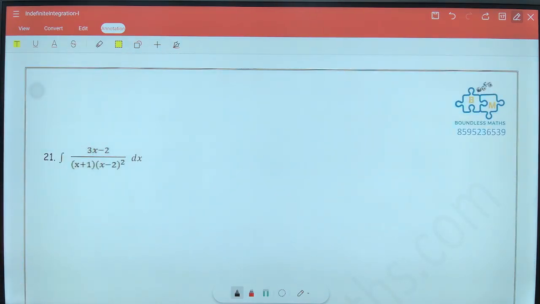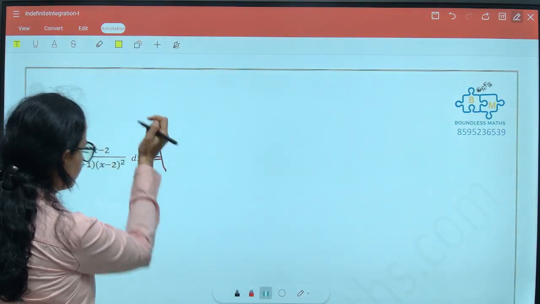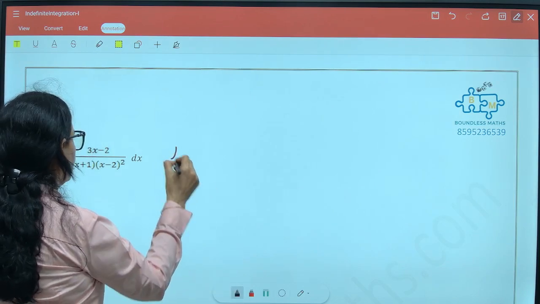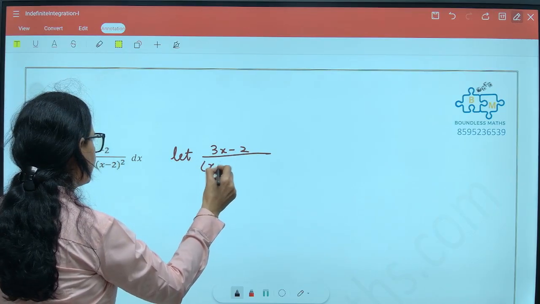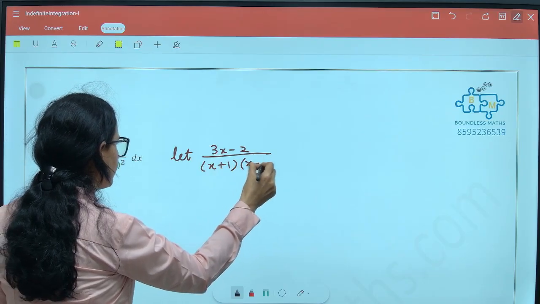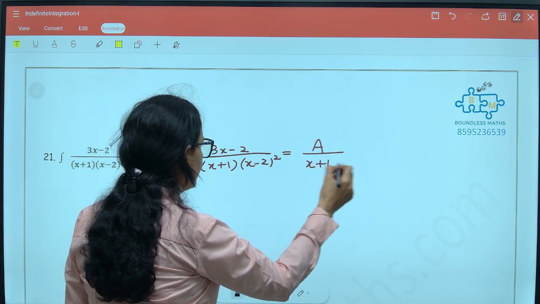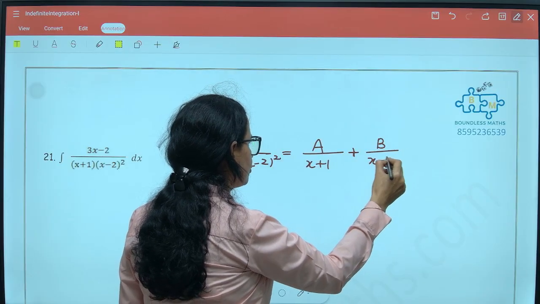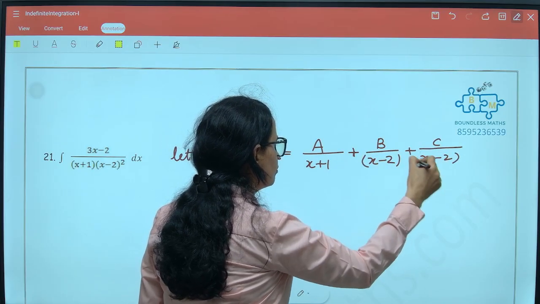3x minus 2 upon x plus 1 into x minus 2 whole square. How do you break it into partial fractions? Let 3x minus 2 upon x plus 1 into x minus 2 whole square be a upon x plus 1 and b upon x minus 2 and c upon x minus 2 whole square.